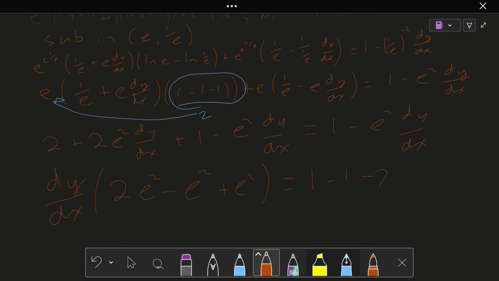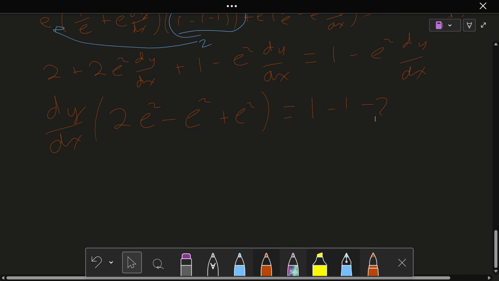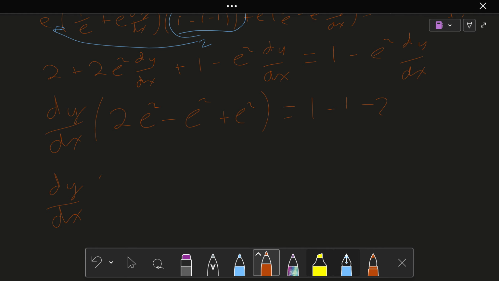So that's just collecting everything on the other side. So dy by dx times 2e squared minus e squared plus e squared equals 1 minus 1 is 0, so minus 2.